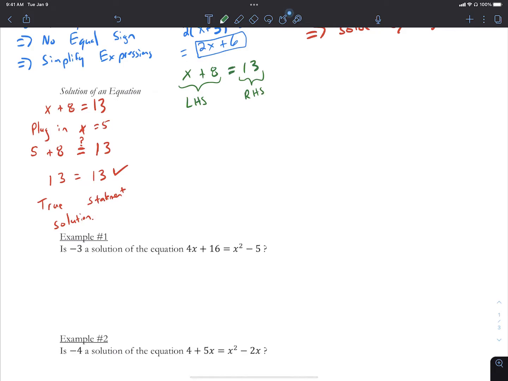So it's just telling you what side of the equal sign we are talking about. And I'll use LHS and RHS to denote left-hand side and right-hand side in my notation, if I ever refer to that. So that's just making sure I'm being explicit about what I mean exactly by left-hand and right-hand side.